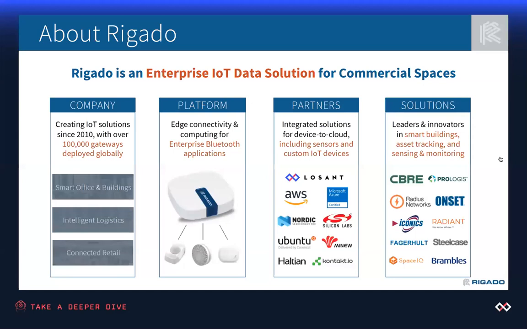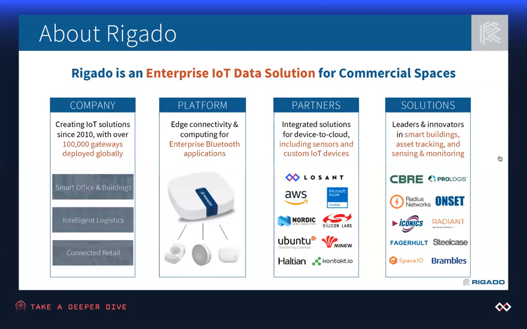We'll talk about that. We work with lots of different partners to do that, both on the software and the hardware side. And a lot of times what Rigado is being used for are use cases that rely on Bluetooth low energy to do things like asset tracking or sensing and monitoring within a smart space.